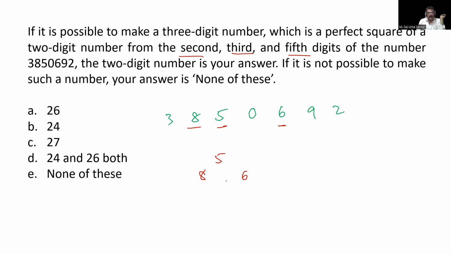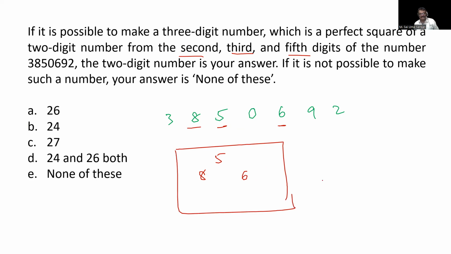Now you form a perfect square using these digits. 856 is not a perfect square. 658 is not a perfect square. What about 586? 586 also is not a perfect square. So what happened? Here, none of this is possible. If it is not possible to make such a number, your answer is none of these.